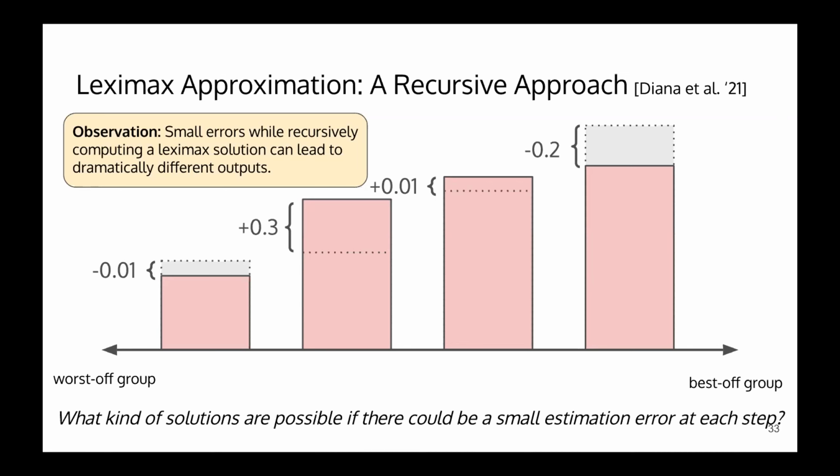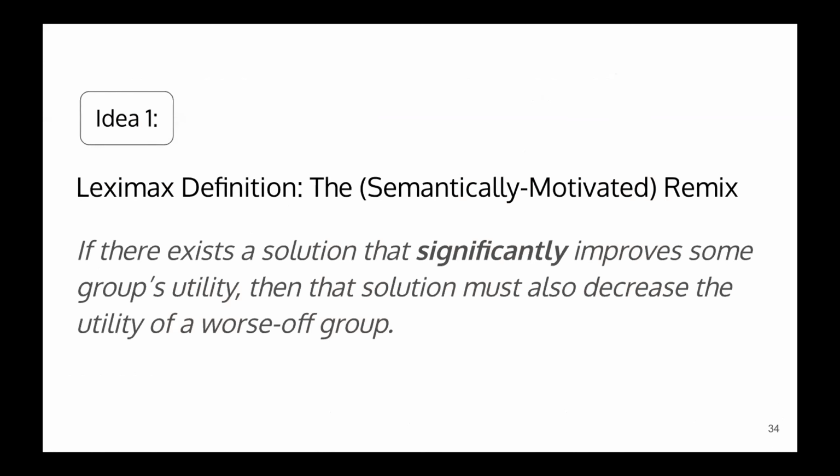Well, in our work, we think about and explore other notions that might make sense semantically. So one other notion is this. Let's say that if we do have an approximation, it is a good approximation if any other solution that significantly improves some group's utility must also decrease the utility of a worse off group.